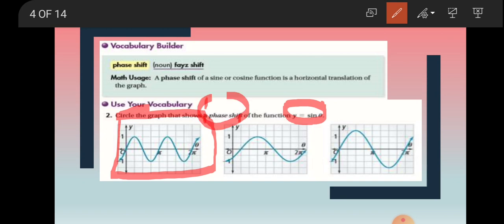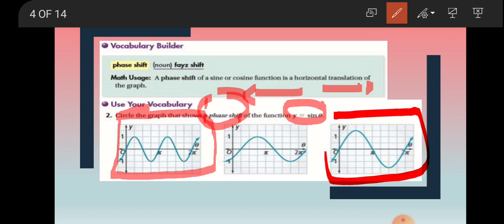Because with our phase shift, we have to move to the right or to the left on the horizontal axis. Even this one doesn't look like it's shifted to the right or the left. It's just going up a little higher, so it's not shifted. Look, the 0, pi, and 2 pi are still on the same points, right?